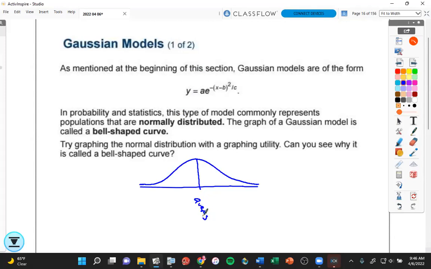If we were looking at ACT scores or SAT scores, that's going to be the average. Your high performers are going to be over here. You have a lot of high performers. Your low performers are over here. Do you have a lot of low performers? So that's how a bell curve is built. And then we do standard deviations.